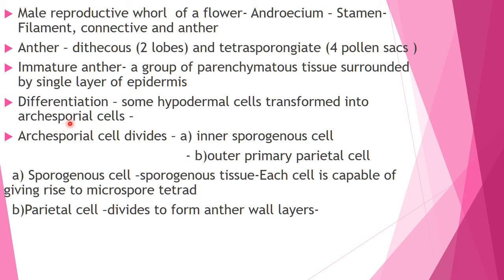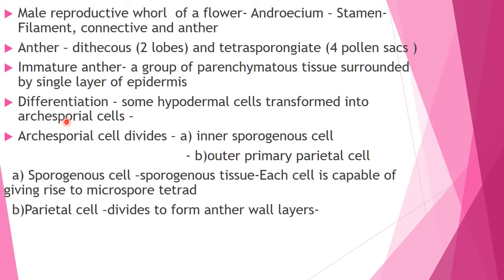Archesporial cells. Each archesporial cell will divide into two. There will be an inner sporogenous cell and an outer primary parietal cell. So once again, during differentiation, some hypodermal cells are transformed into special archesporial cells.